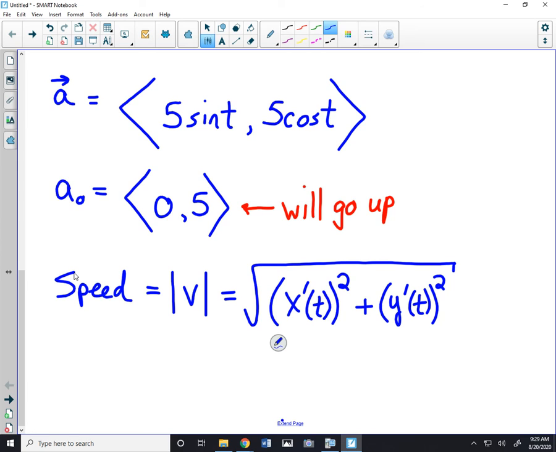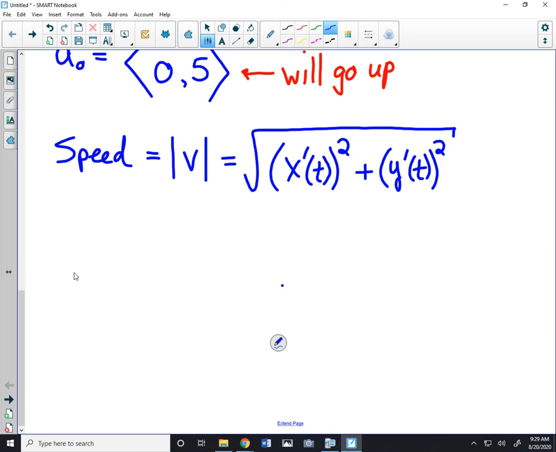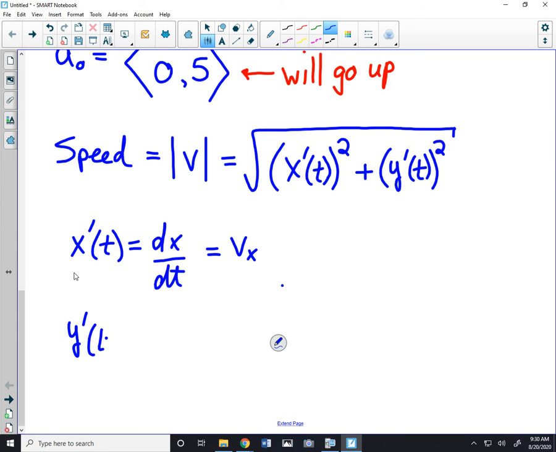Now, for notation, you remember that x prime of t would be the same as dx/dt, and this is also the same as velocity in x. Y prime is the same as dy/dt, and that's the same as the velocity in y.